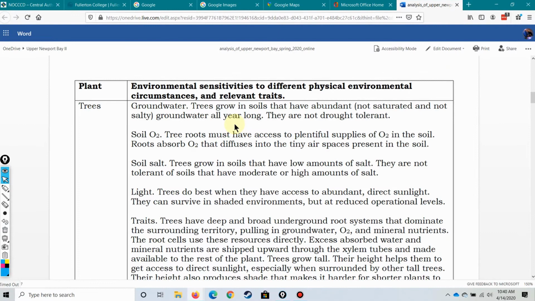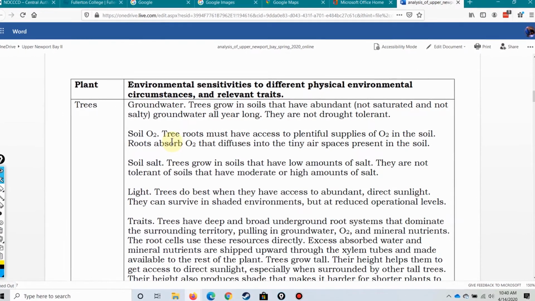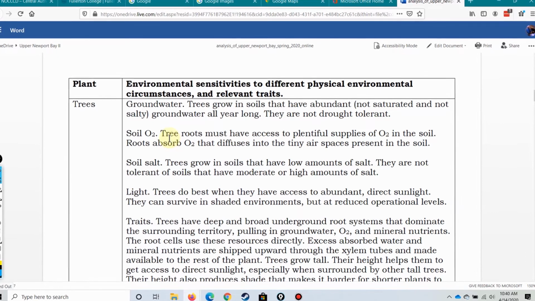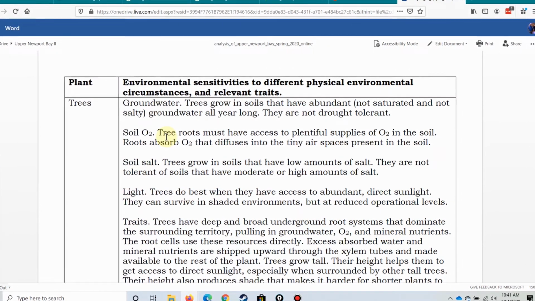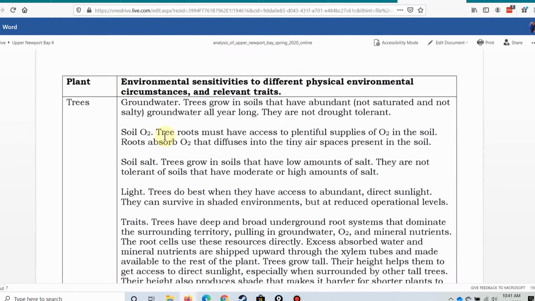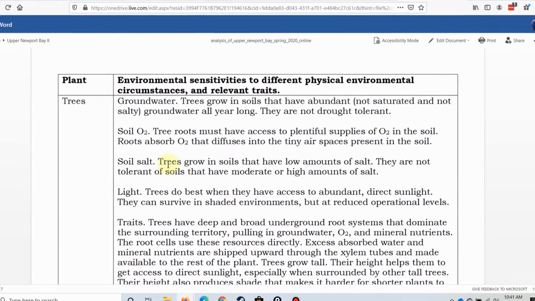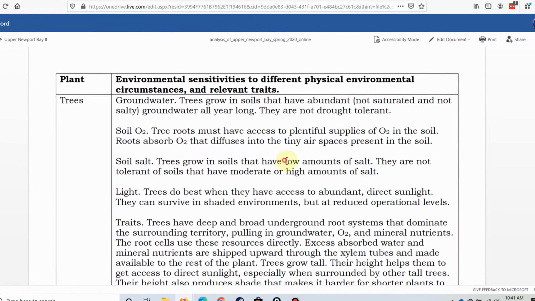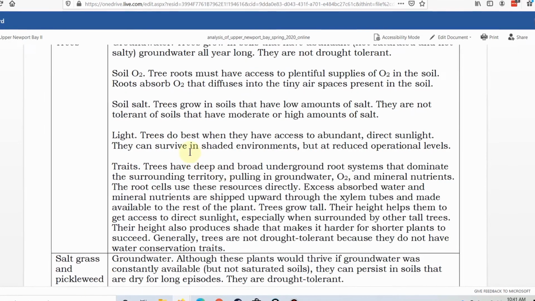They also need to have abundant oxygen in the soil. Remember, oxygen supports certain biological activities. You're going to read about those. We talked about those before in a previous activity. And then they also do best when there are very, very low amounts of salt in the soil.